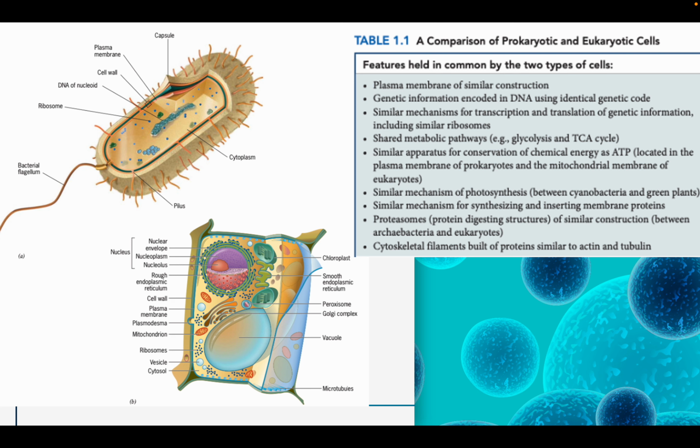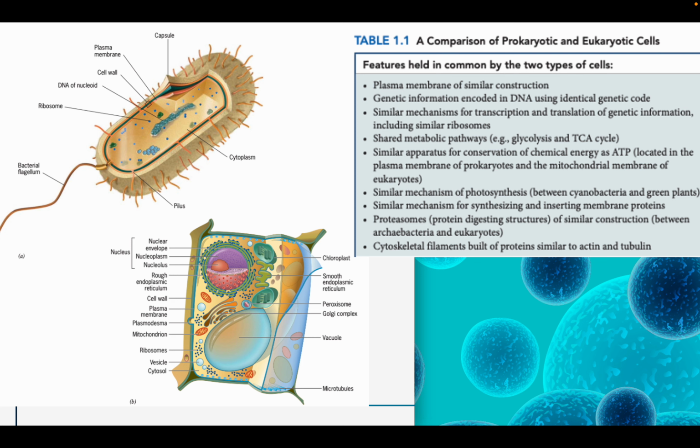So while these features are common to both prokaryotic and eukaryotic cells, it is important to note that there are significant differences between the two cell types. Some of the key distinctions include the presence of a nucleus. Eukaryotes have a membrane-bound nucleus while prokaryotes do not.